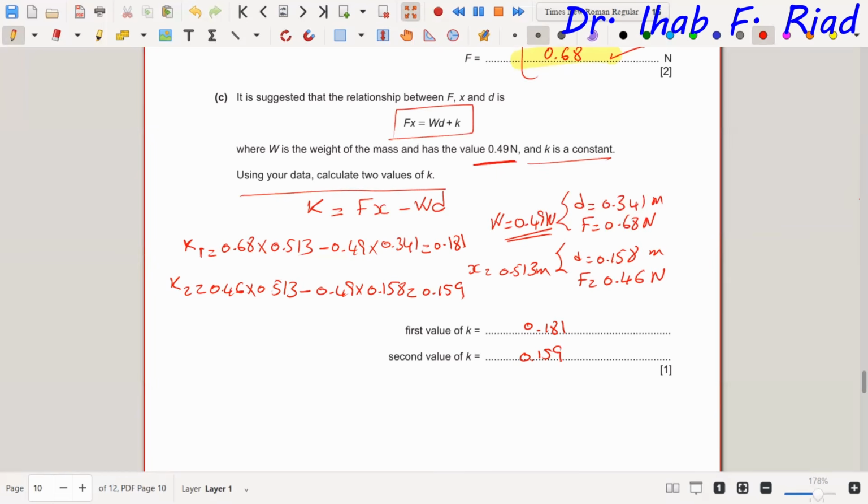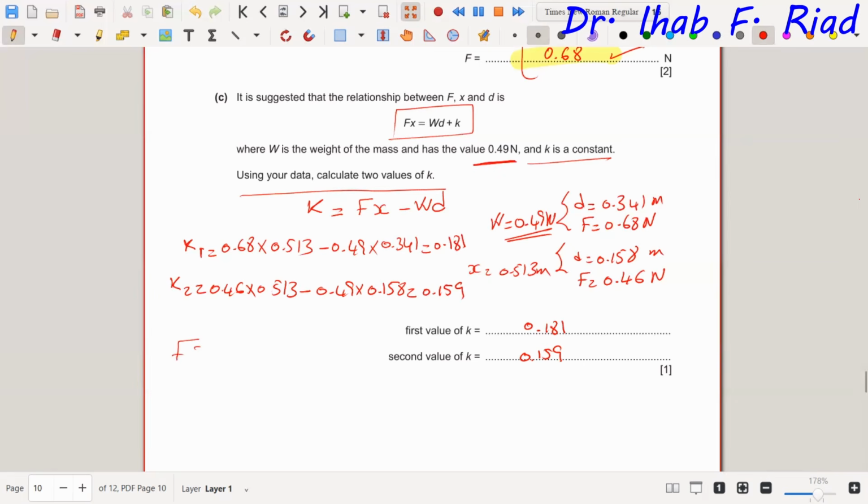I will write all of the units of the numbers that I have. Can you tell me what you are going to get? The first one is Newton meter. Then also Newton meter. So yes. Newton square meter square, no.